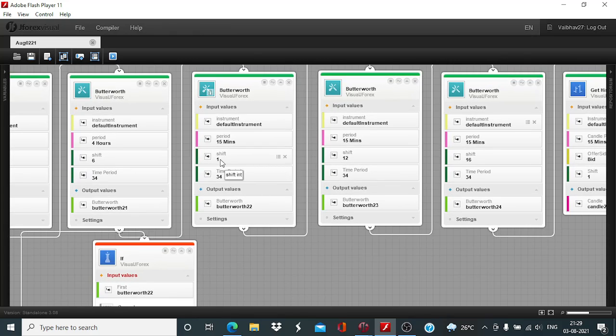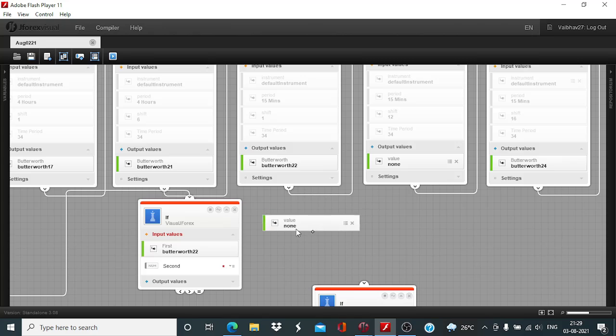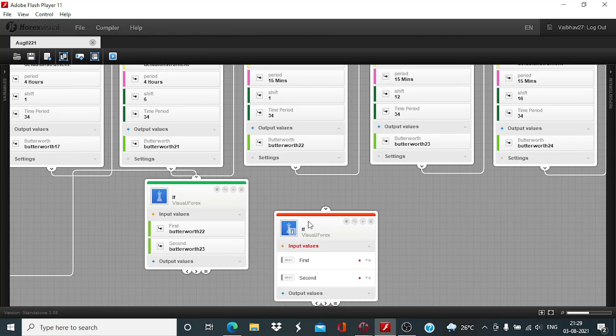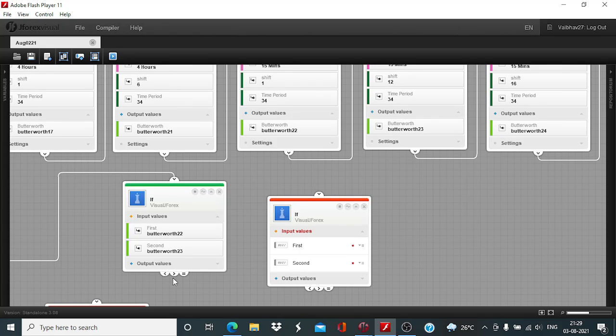And pay close attention here. This has a shift value of 1, and this block has a look-back period of 12. So we are taking the output at two different points of time. First input greater than second input.